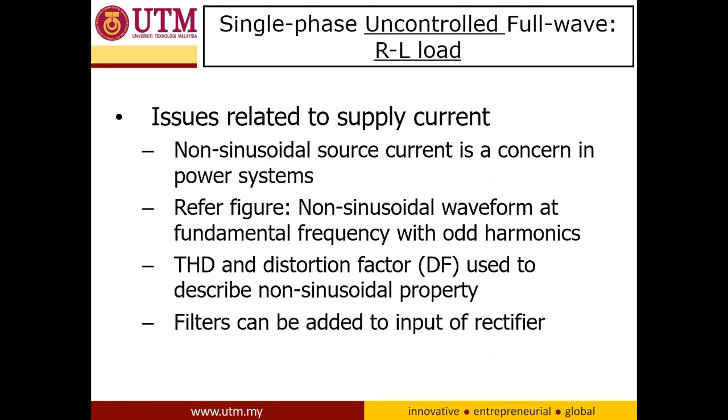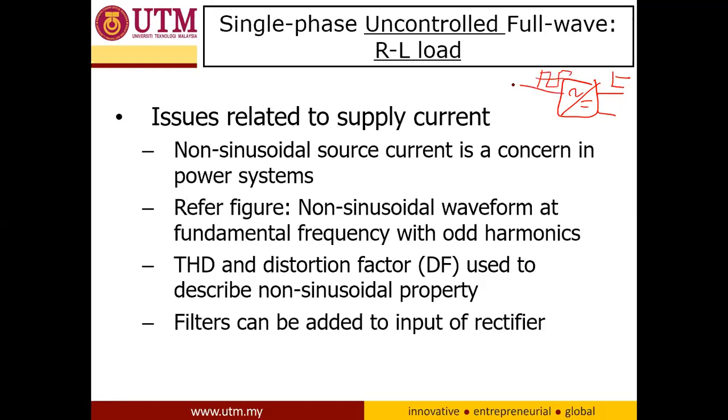Usually to solve that, what TNB does is place a filter at the input side of the rectifier. This is your rectifier from AC to DC, which produces DC current, but the input side will produce a square wave.